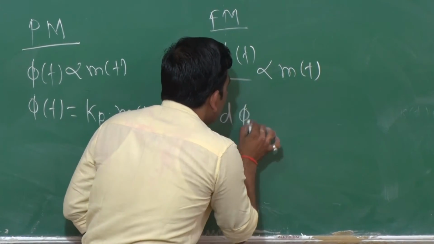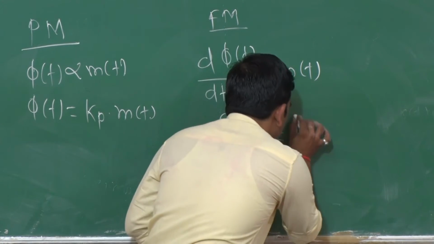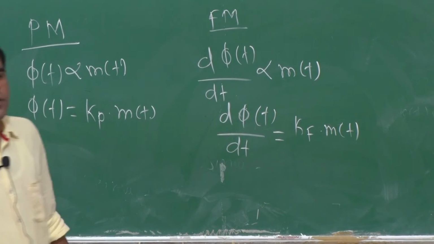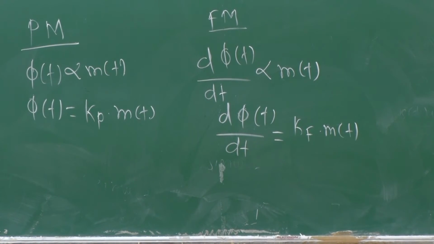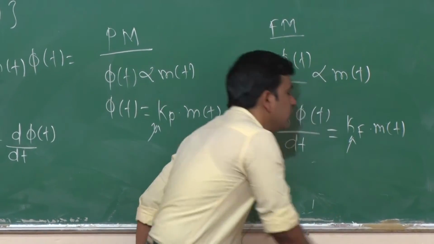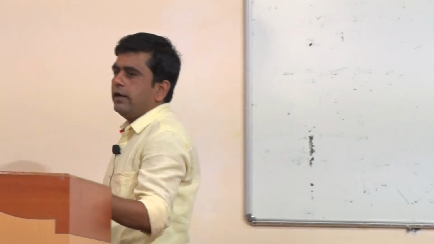This is given as phi dot of t equal to kf into m of t. So here this kp and this kf: kp is nothing but phase deviation constant. Write down, kp is nothing but phase deviation constant. Its unit is radian per unit of m of t.